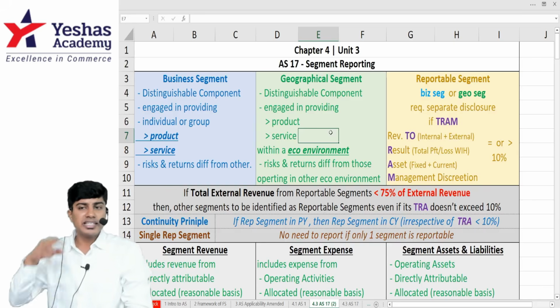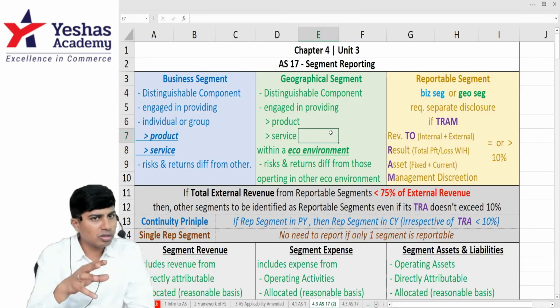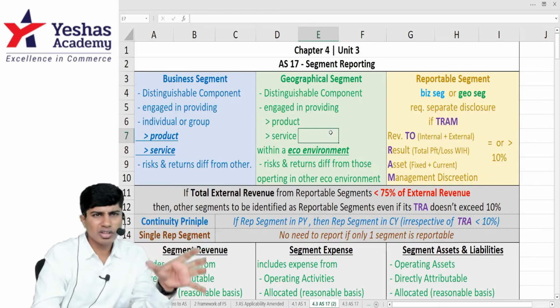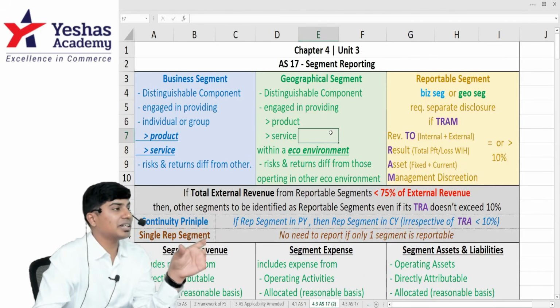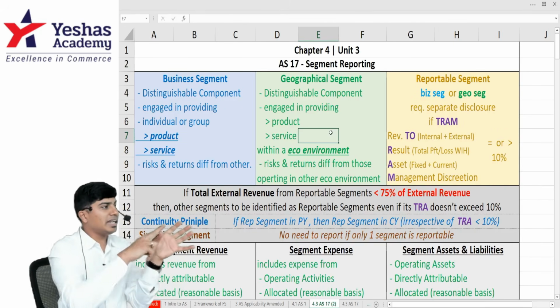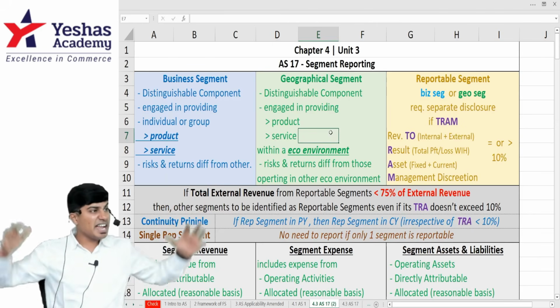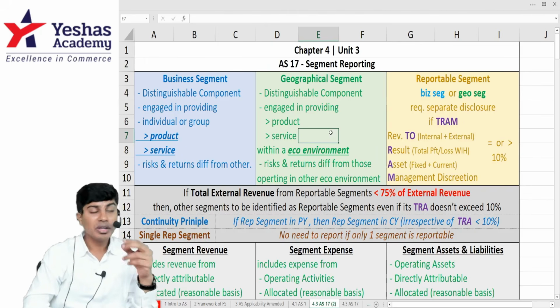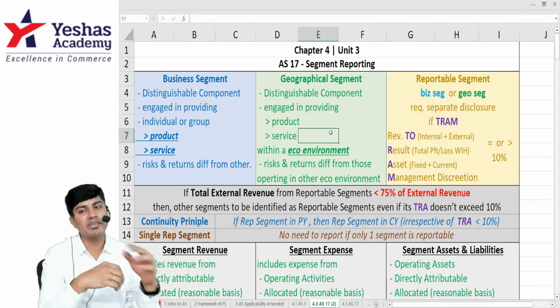Why does this entire segment reporting come into picture? There's a great marketing researcher who gave us this beautiful thought that if you sell 100 products in your shop, assume a departmental store, how many products am I selling? 100 products. 20 products that I sell will give me 80% of my revenue, and the other 80 products will give me only 20% revenue.